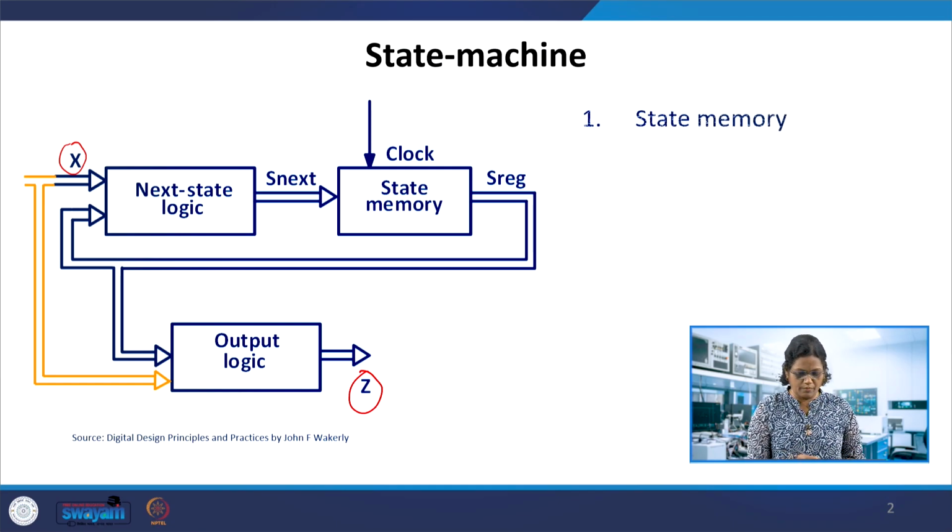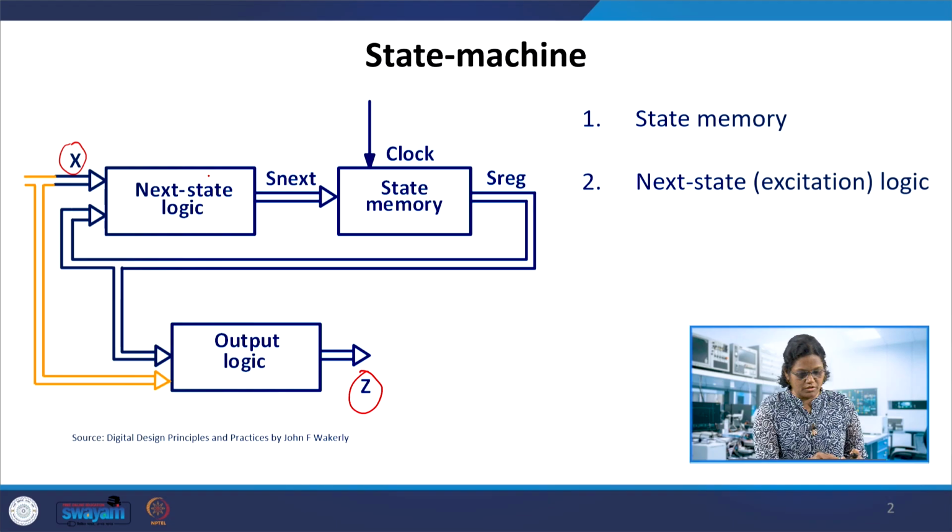The first is the state memory, which is a very important block of the state machine, and which takes the clock into consideration, apart from the excitation signal which comes from the next state logic. The next block is the next state logic, which is also called the excitation logic, which gives the input to the state memory and decides the excitation to the state memory.